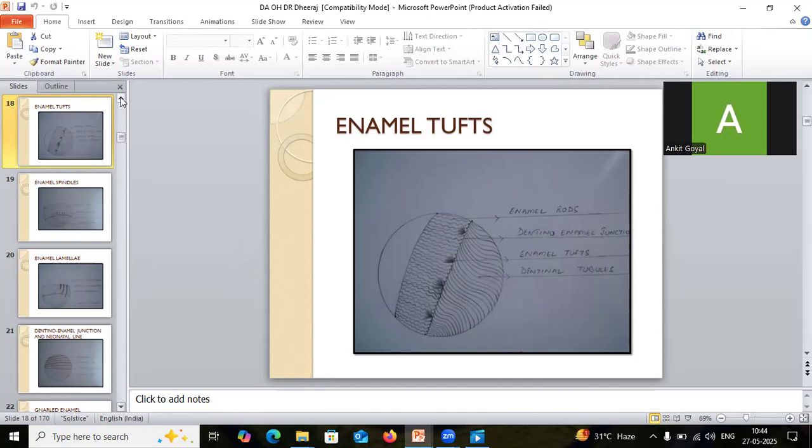enamel lamellae. Enamel tufts are hypocalcified structures extending from the dentinoenamel junction into the enamel to a distance of approximately 1/5 to 1/3 of the enamel thickness. These structures are better appreciated in transverse section of the enamel. In ground section, they appear as tufts of grass. Therefore, they are called as enamel tufts.